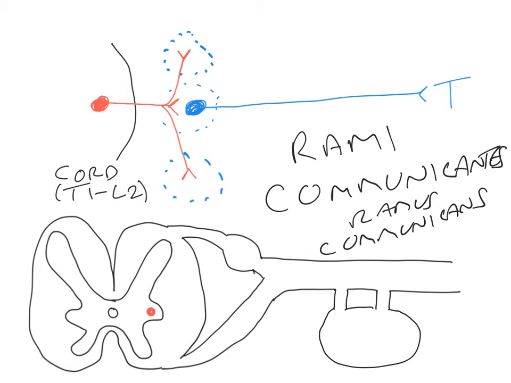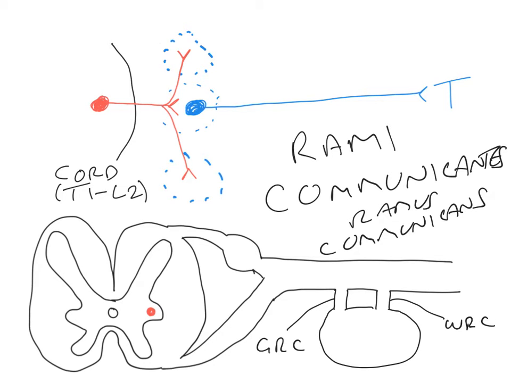So the sympathetic ganglia are connected to the spinal nerves via rami communicantes, and the two rami are slightly different. This ramus here is known as the white ramus communicans, and this ramus here is known as the grey ramus communicans. And they get their different names from the fact that there are different types of axons passing through them.